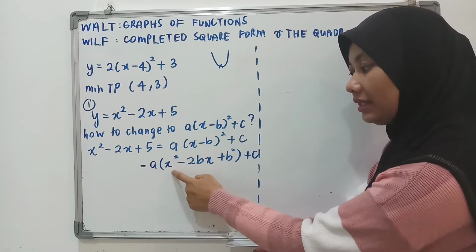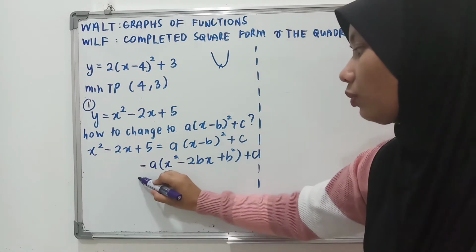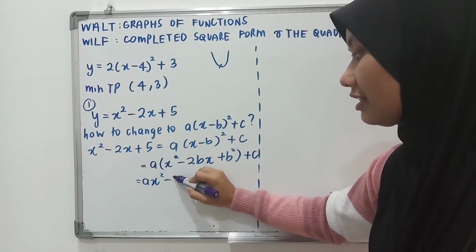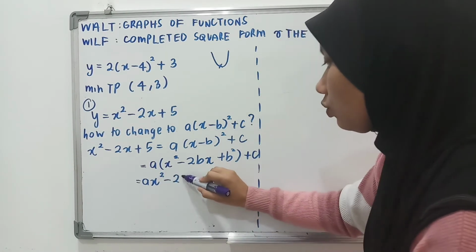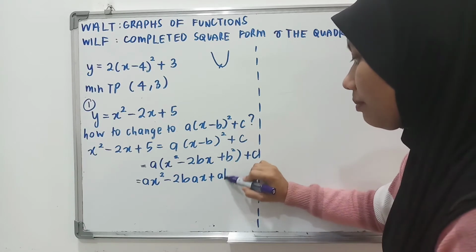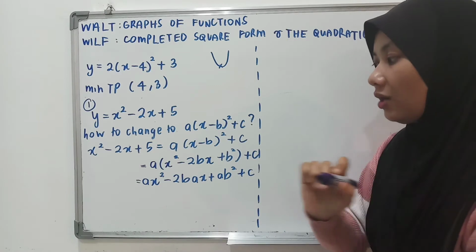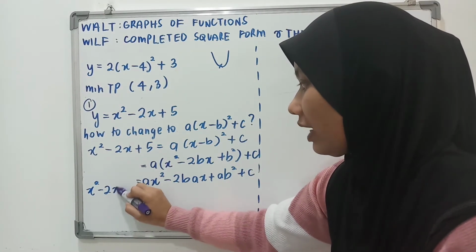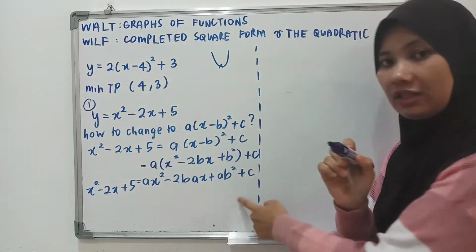Each element inside the bracket needs to be multiplied by A. So you will get Ax squared minus 2bAx plus Ab squared plus c. Now x squared minus 2x plus 5 is equal to that equation.